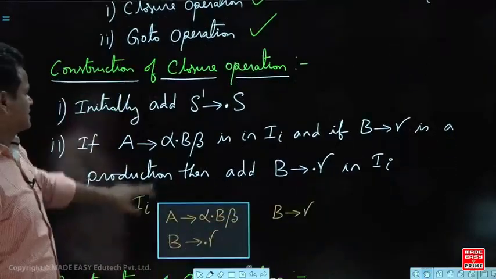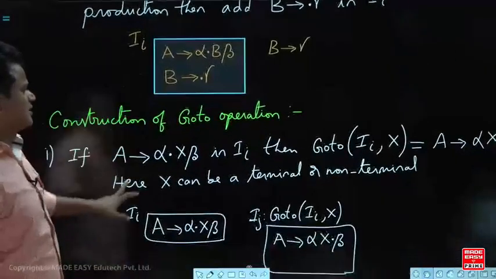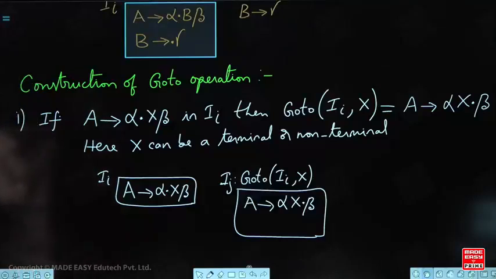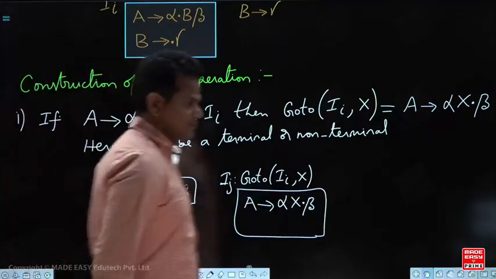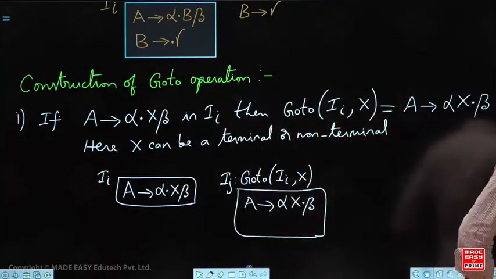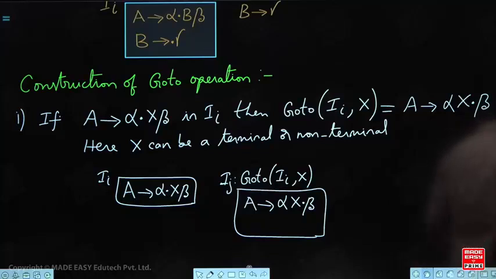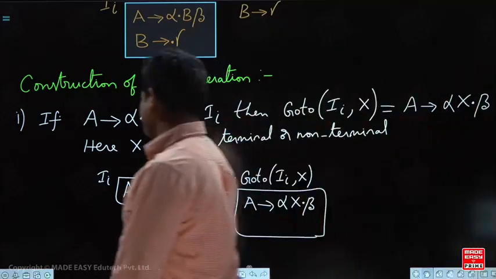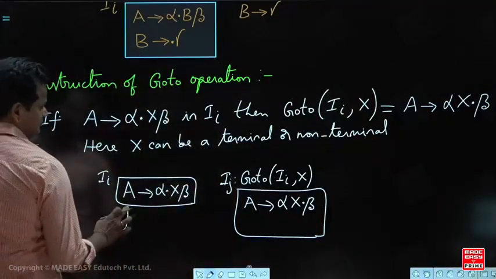So closure operation is done and goto operation is also done. I hope you have copied this one. So make it fast. Only one rule in the goto part. Okay.